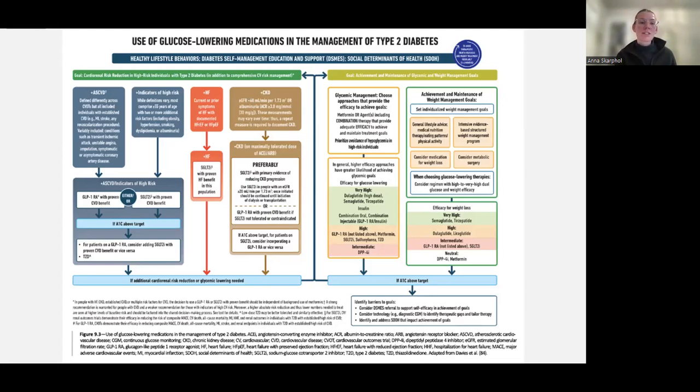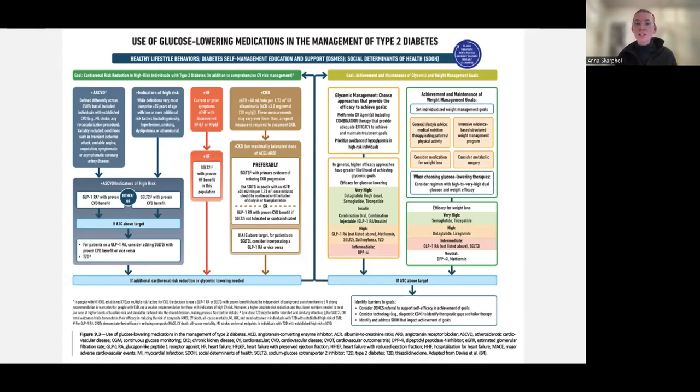As we know, those can reduce cardiovascular risk. If your patient has heart failure, an SGLT2I is a great option. Or CKD, we talk about some various options there. Again, the SGLT2Is are a great option, making sure those patients are on ACEs and ARBs as well. So tying that blood pressure management in.